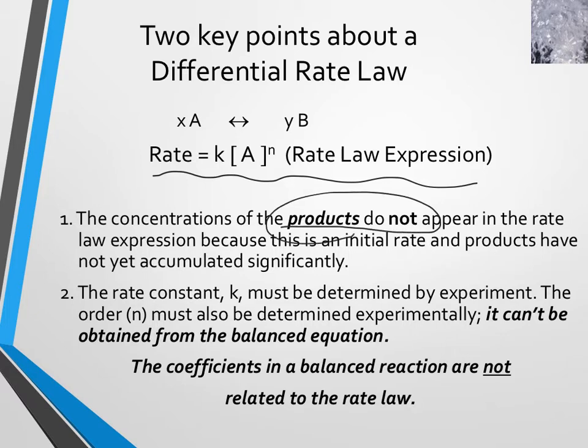Concentrations of products do not appear in the rate law. The rate constant, the little k, must be determined by experiment. And the exponents in a balanced chemical reaction have nothing to do with the exponents in the rate law. So don't be trying to plug those in.